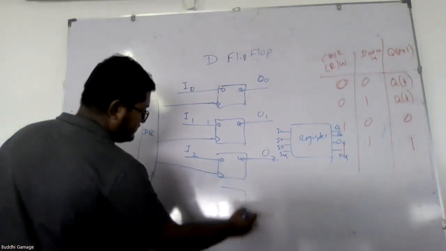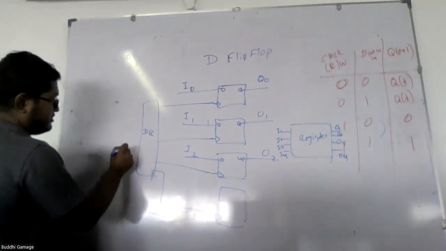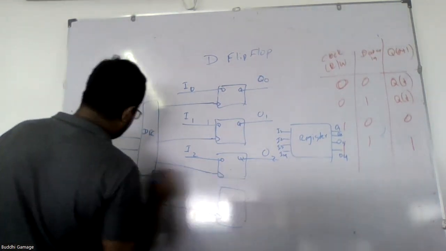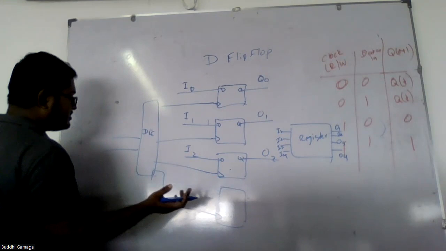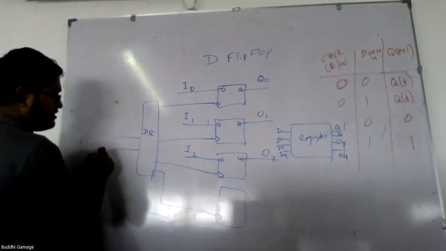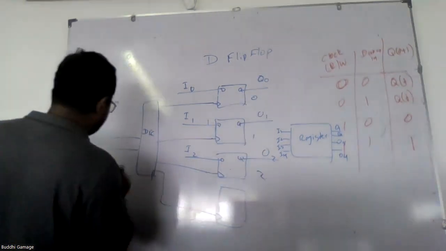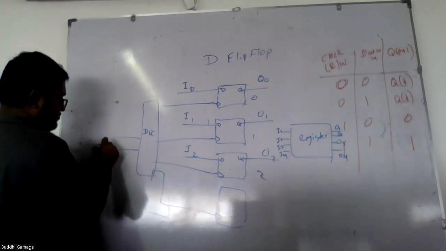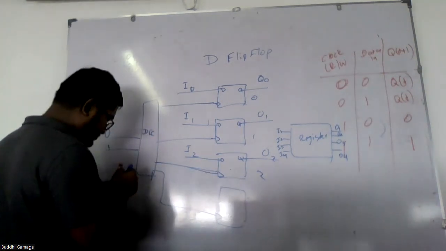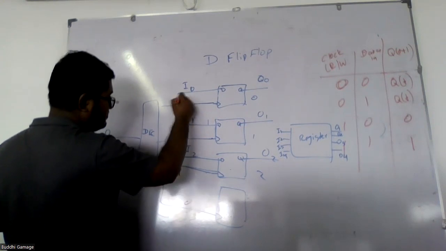So this clock signal is also connected to this. We need to indicate this one, so you can pass the number 2, which is 1, 0. If you pass 1, 0, we will enable only this particular line. All other lines will be zeros, right?